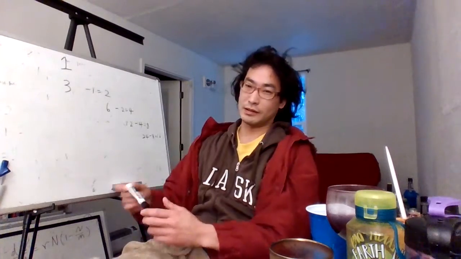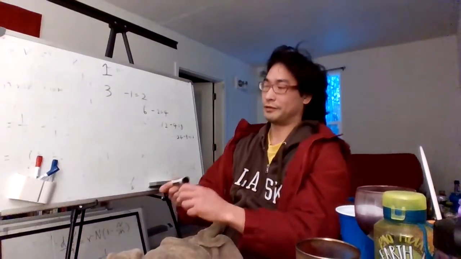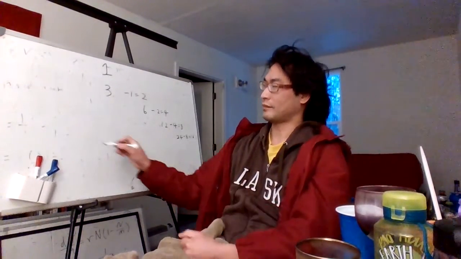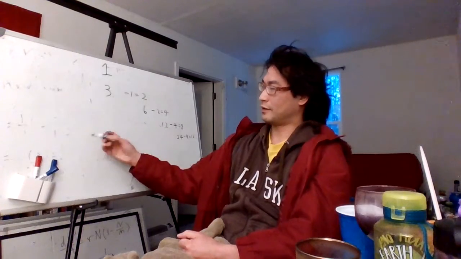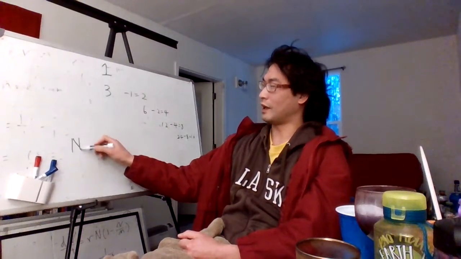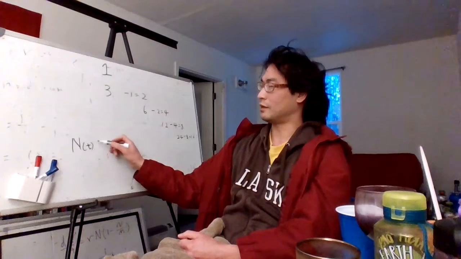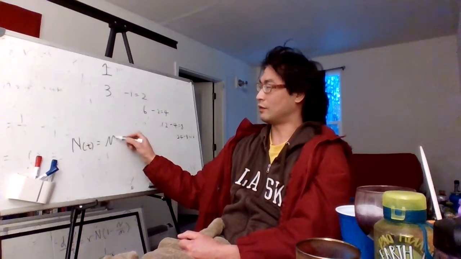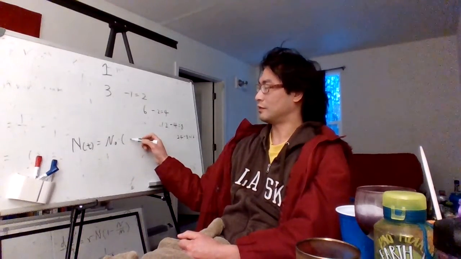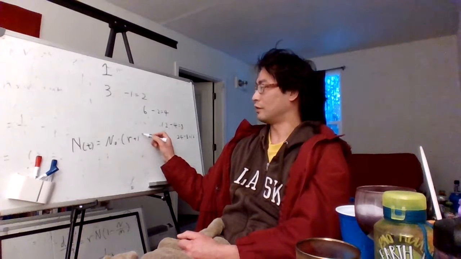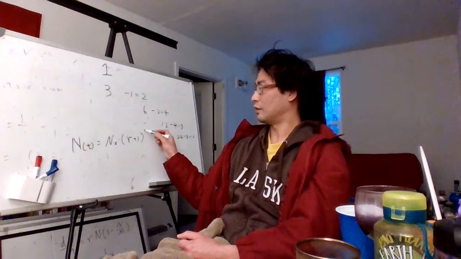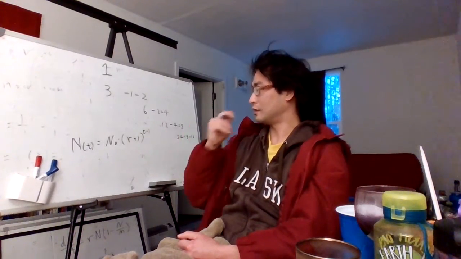It's almost like, originally, N of t is N zero times (I plus one) to the t minus one, something like that, right?